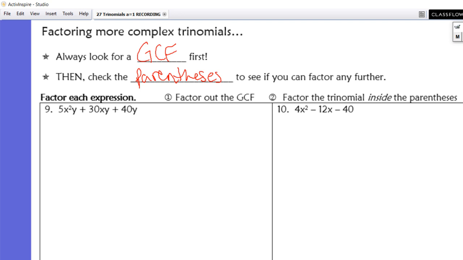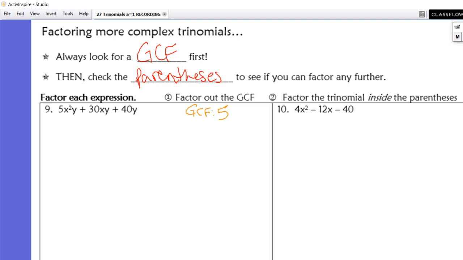and so here's one term, there's my second term, here's my third term. When I look at all three of those terms, I notice that 5, 30, and 40 are all divisible by 5. So I'm thinking that there's a GCF here. I know that 5 goes into 5, 30, and 40.